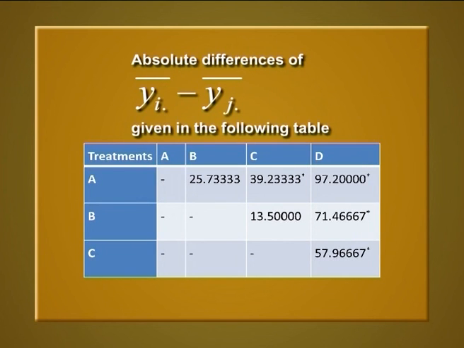The absolute differences of y bar i dot minus y bar j dot are given in the following table for different combinations. A and A no value, A and B 25.73, A and C 39.23, A and D it is 97.28, etc.